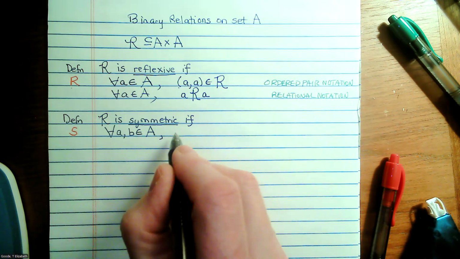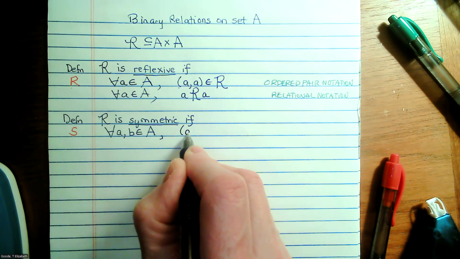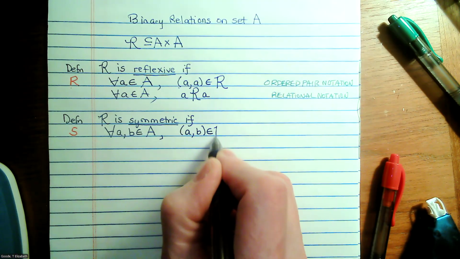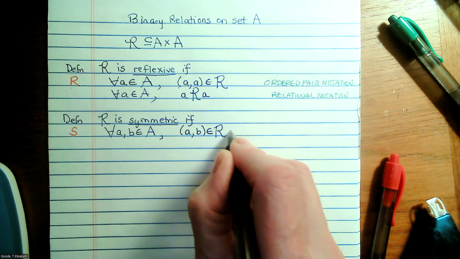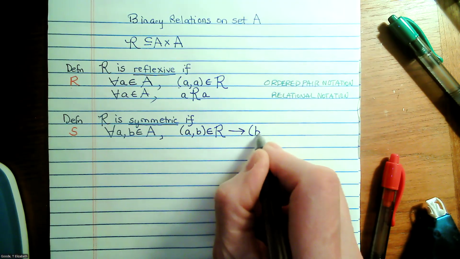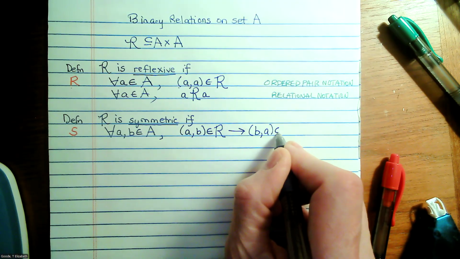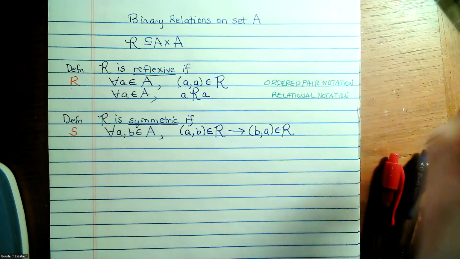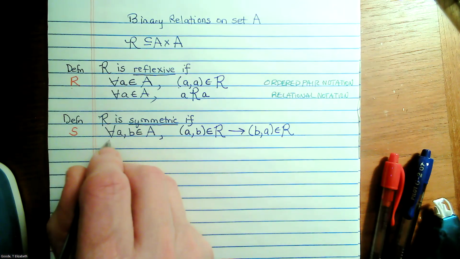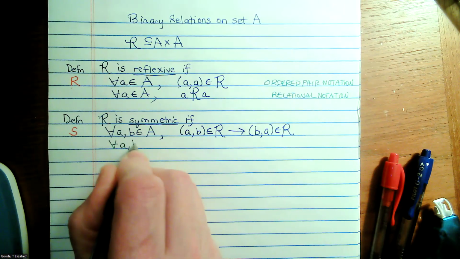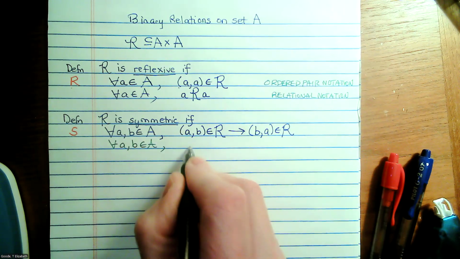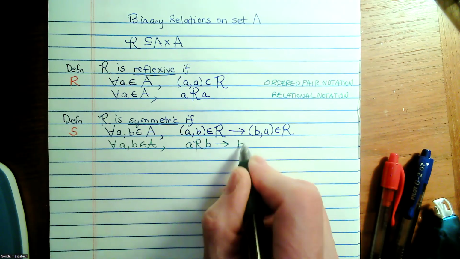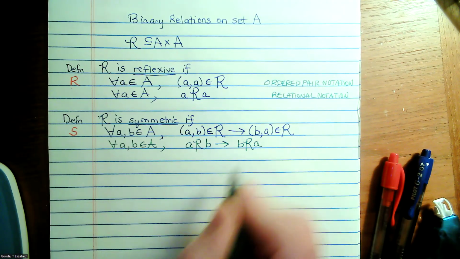If A, B is in curly R, then B, comma A is in curly R. And if we want to use our relational notation, for all A and B in big A, A related to B turns around and implies that B is related to A.